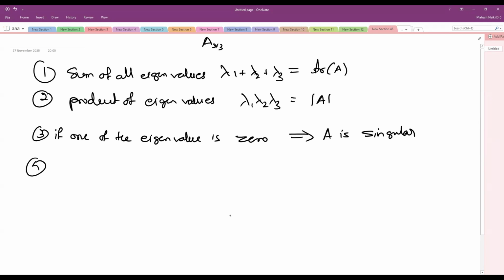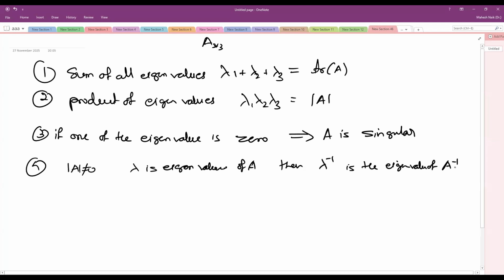In case we are dealing with a non-singular matrix, so if the determinant of A is not equal to 0, and if lambda is an eigenvalue of A, then we can say that lambda inverse is an eigenvalue of A inverse. Likewise, in the general case, lambda raised to n will be an eigenvalue of A raised to n.